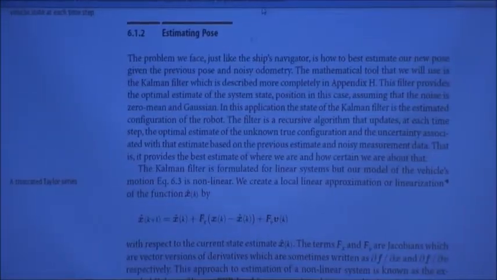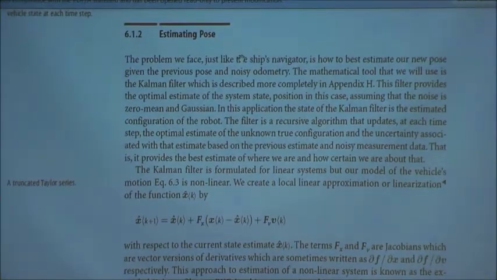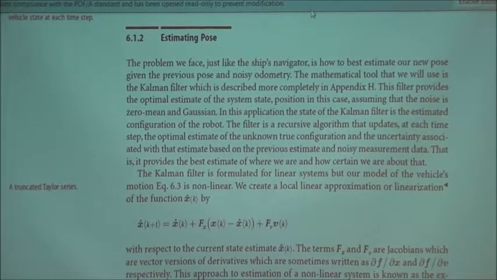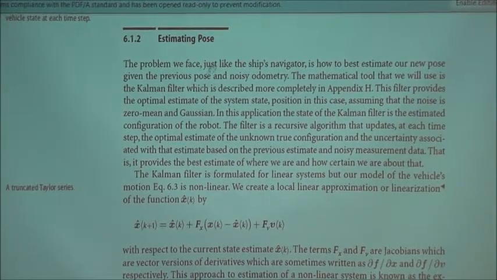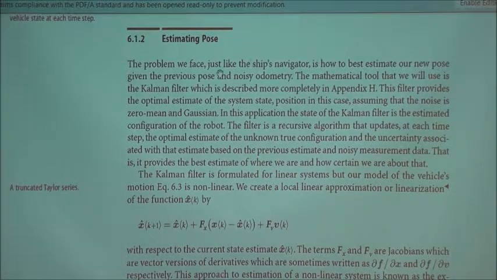So let me go to the station here, and what we see here is that the problem we face, just like the ship's navigator, is how to best estimate our new pose given the previous pose and noisy odometry. Noisy measurements of positions, x, y, and orientation theta.